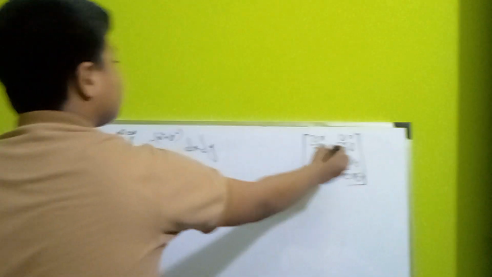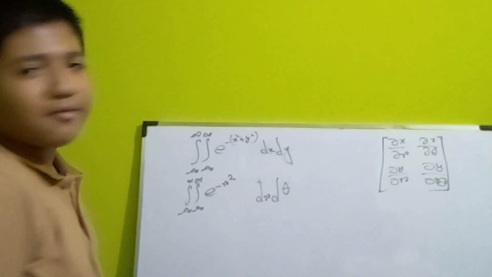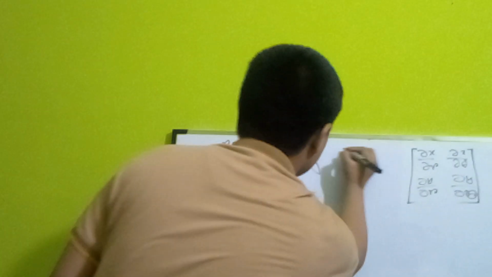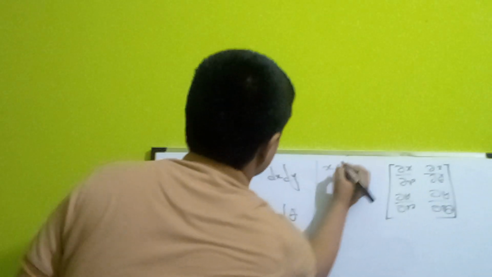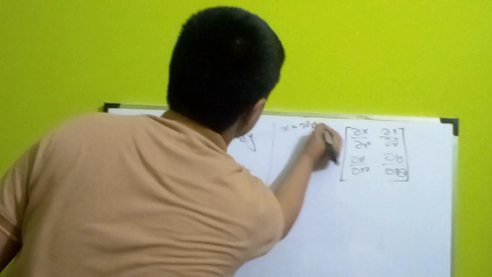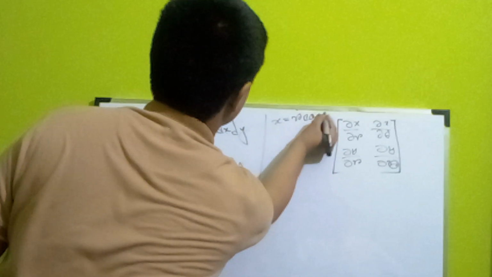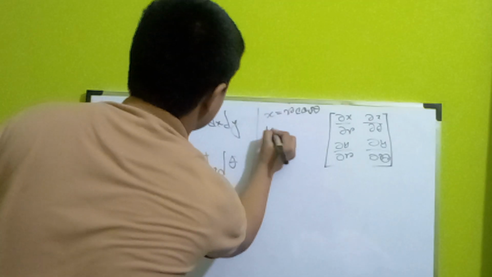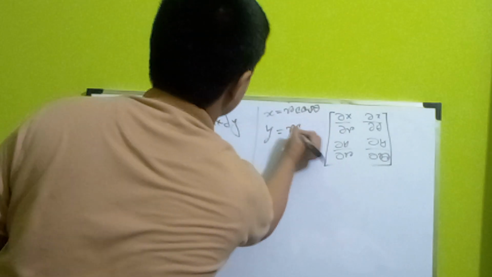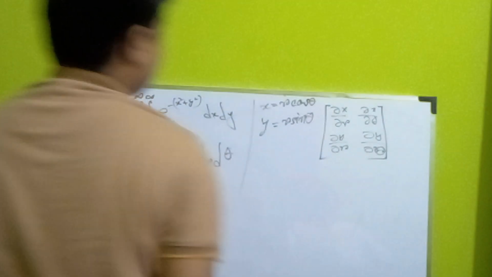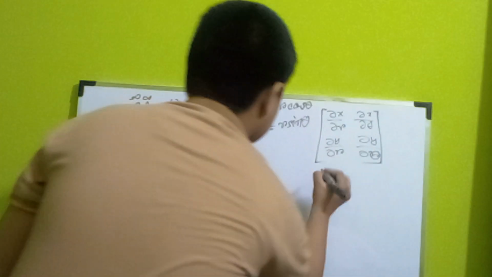And we're going to find the determinant of these. Again, we have to look at the polar equations. In polar, x is written as r cosine theta and y is given as r sine theta. So we're going to rewrite this x and y in terms of these equations.